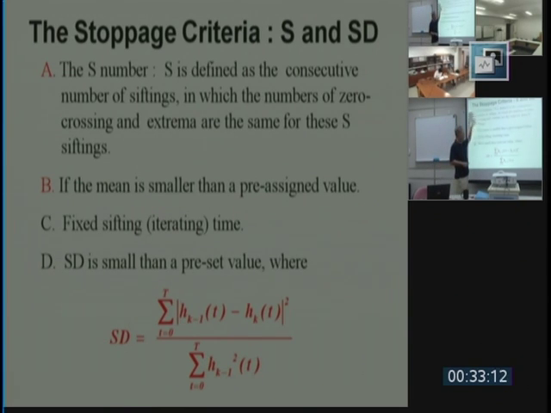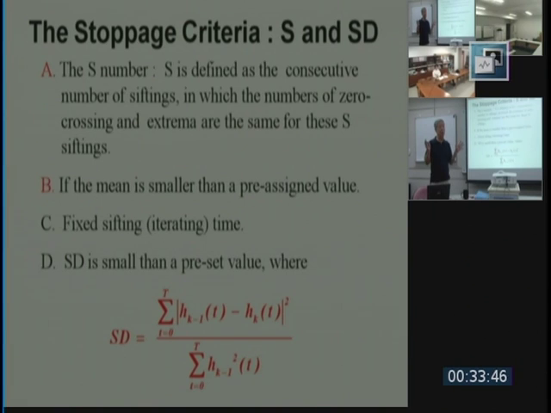That's the number, that's the criteria I used to establish the ensemble here. Now, you can use all the other different ways to say set a mean smaller than a pre-assigned or fixed number, or SD means that you predetermine the difference between the k-th time and the k plus 1, k minus 1's time.